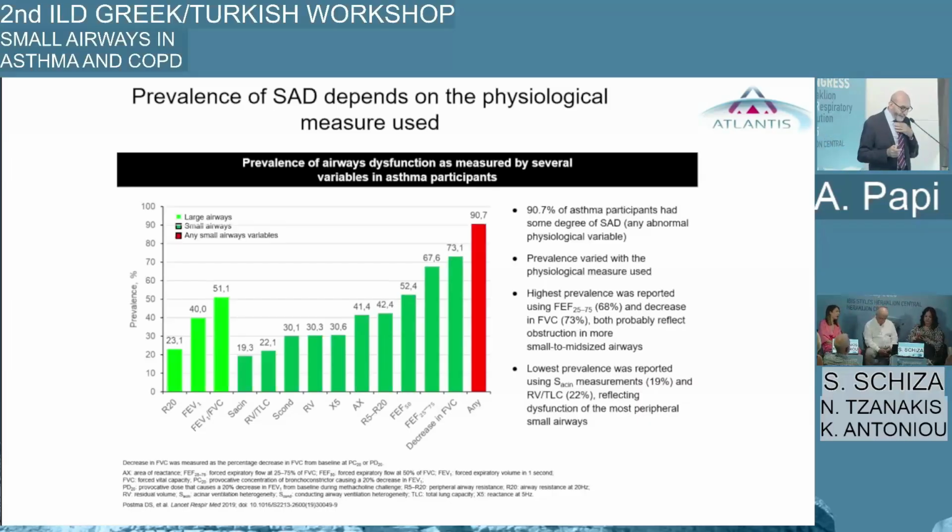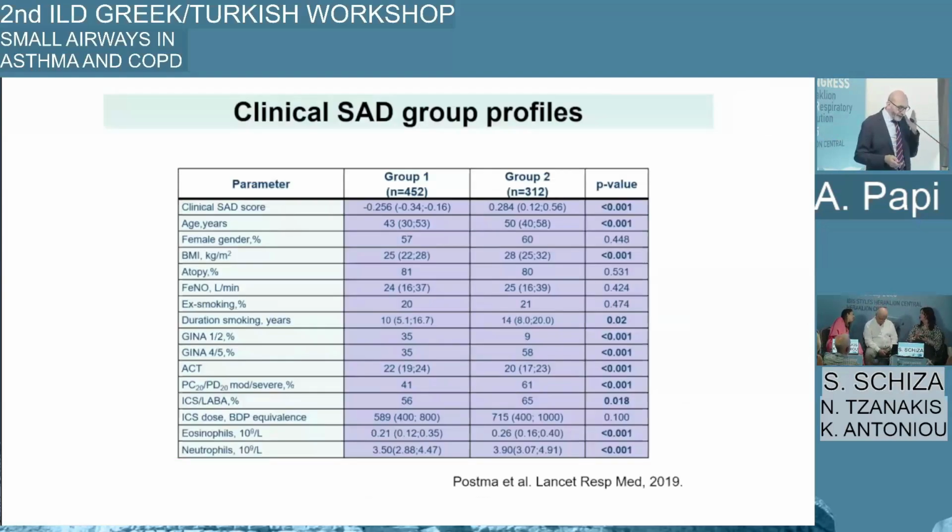What has been done in this study, this is the cross-sectional phase of the study, has been putting together all the different measurements of small airways impairment into the clinical SAT score, which is organized in a way that takes into account all the different aspects of the alteration of small airways assessed by those different techniques.